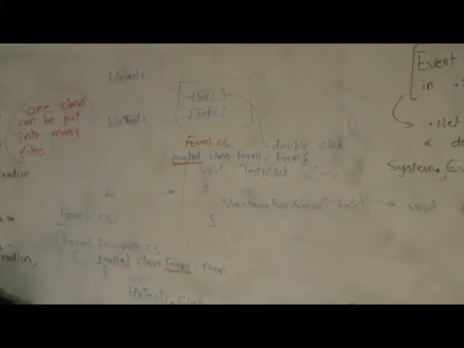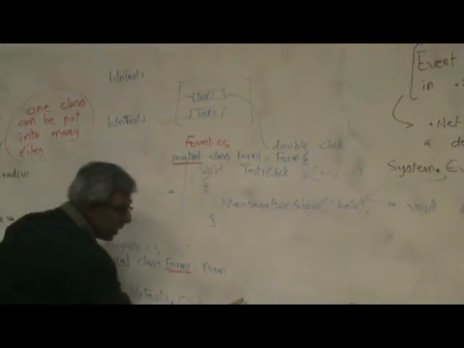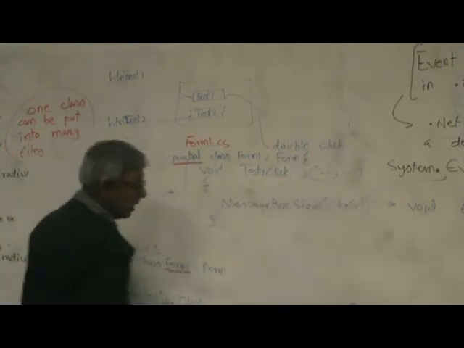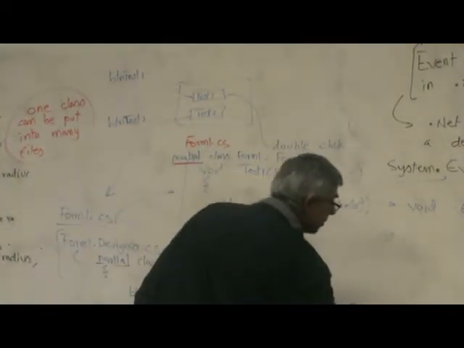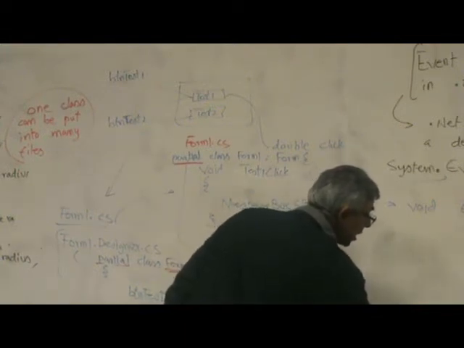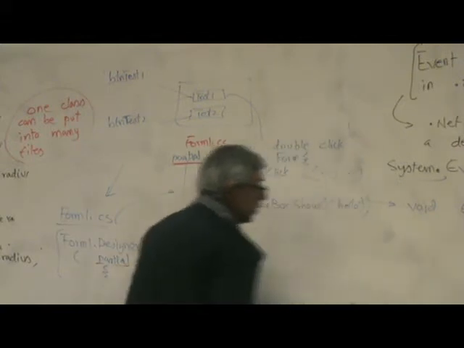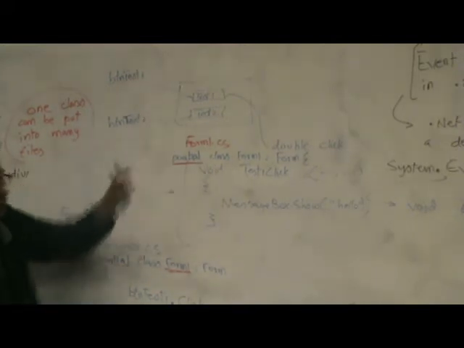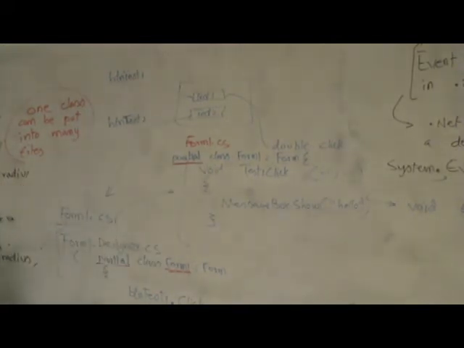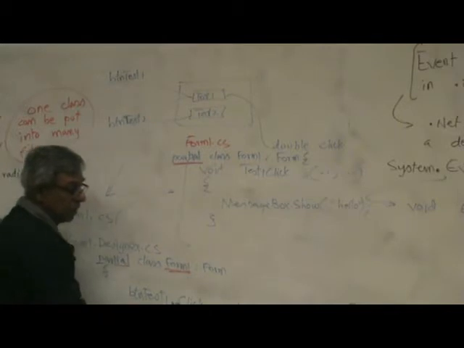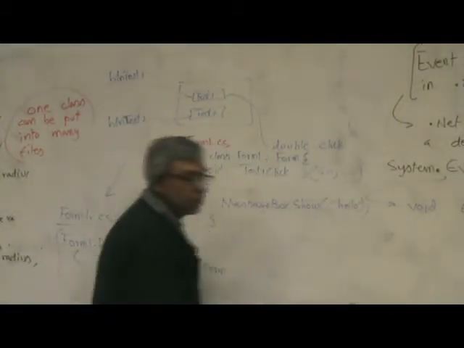So as soon as you double click on it, it does a plus equal to on the click, which is a delegate of event handler type, and says this will be btn test1 underscore click. So Visual Studio generates this code as soon as we double click on the test1 button. So now what's the meaning of this? The meaning of this is if you click on this button, which function will be called? btn test1 underscore click, right?